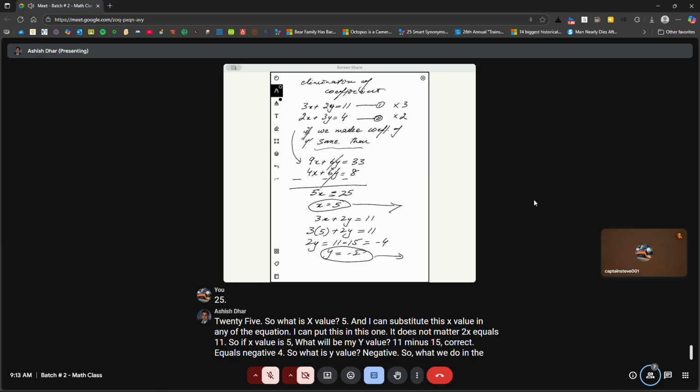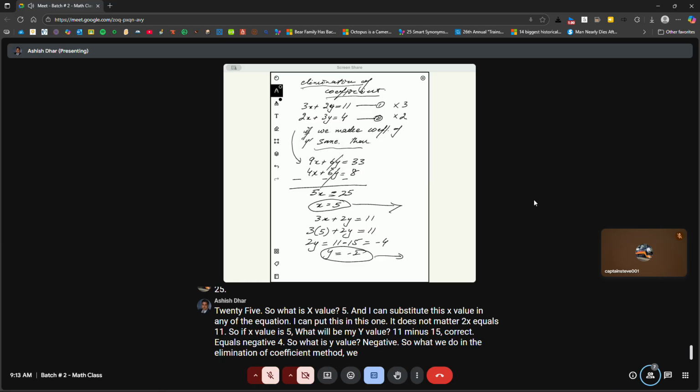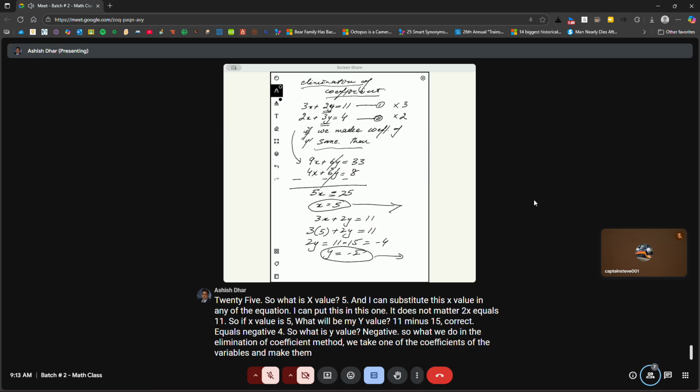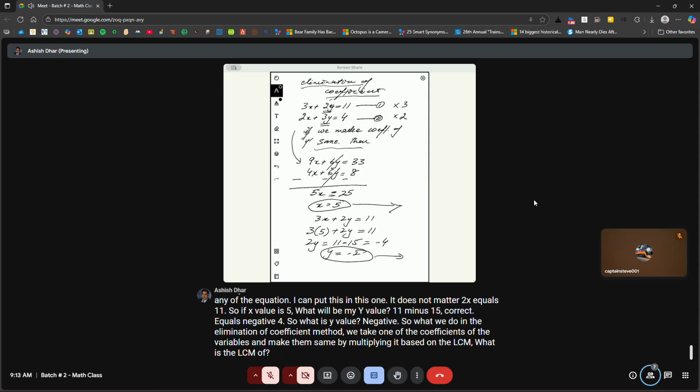So what we do in the elimination of coefficient method, we take one of the coefficients of the variables and make them the same by multiplying it based on the LCM. What is the LCM of 2 and 3? It is 6, right? I actually need to make both of them equal to 6.